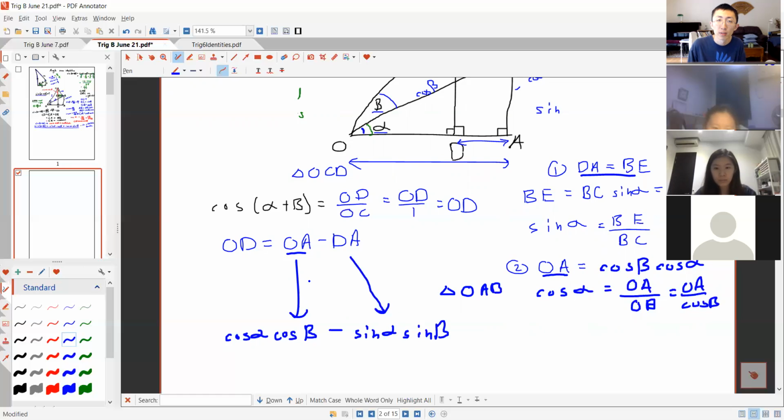So yeah, so that's the addition formula for cosine. So cos alpha plus beta is OD, and OD we can find to be OA minus DA, which is this minus this. So this is equal to cosine of alpha plus beta.